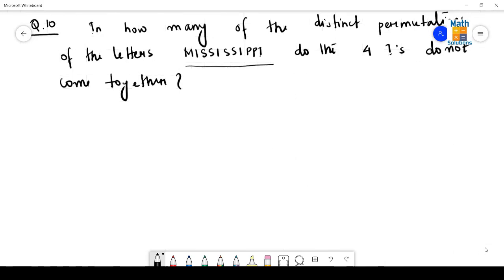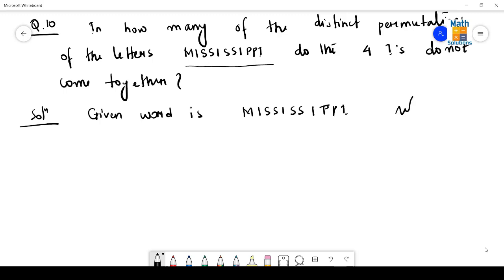So in this case I am starting with the solution part. Given word is Mississippi. Here in this word several letters are repeated actually.